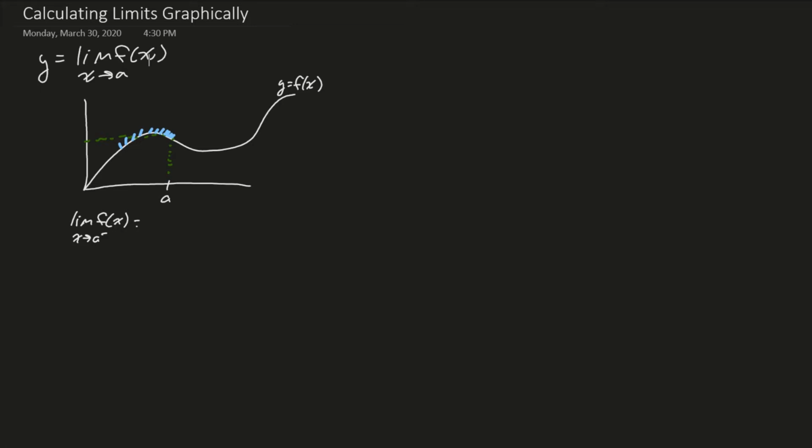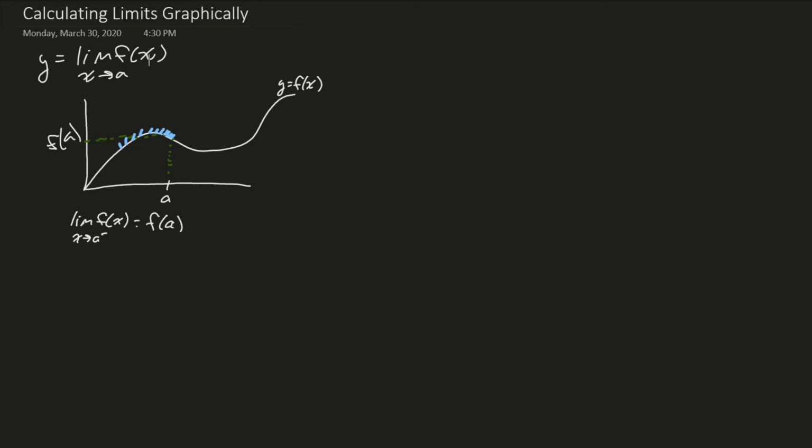In this case, the a value corresponds with a y value of f of a, which is the function value at a. As we wandered closer and closer to the a value on the line, pretending we're running our finger along the line towards a, we got to y equals f of a. So our answer is going to be f of a.